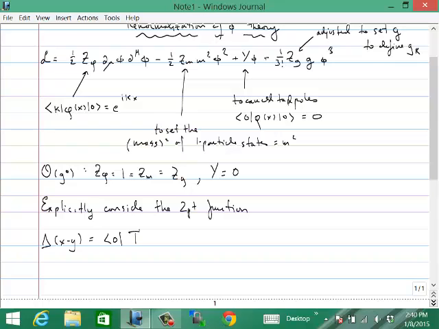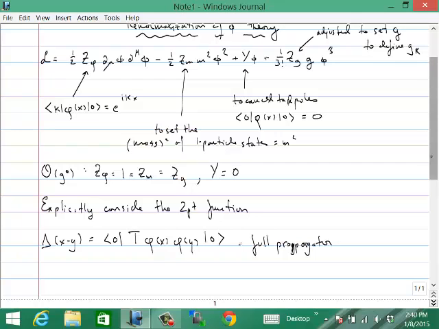So in free quantum field theory, the two-point function is easy enough to evaluate. It's given by the Feynman propagator if you consider the time-ordered two-point function. And what we're interested in considering is not the Feynman propagator, but the full propagator. That is to say, the two-point function in the interacting theory where g is non-zero.